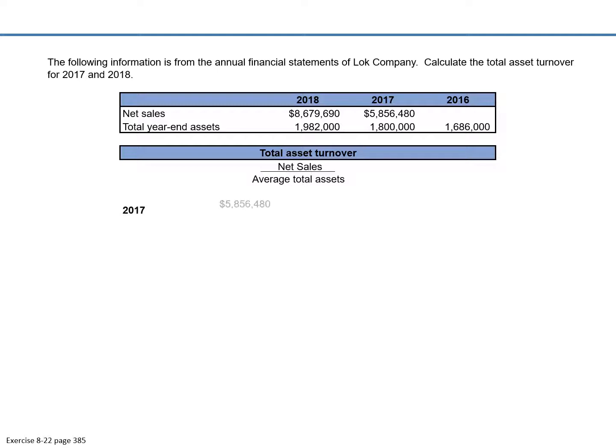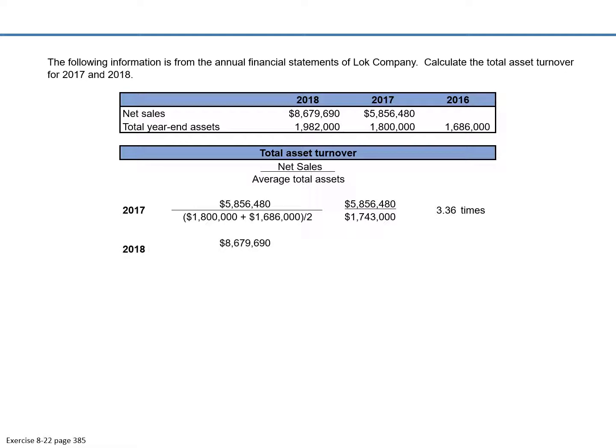So in 2017, you have net sales of 5,856,480 divided by 1.8 million total year-end assets plus the prior year-end, which is also the beginning of the current year, 1.686 million, divided by 2, which is your average total assets. So they have total asset turnover of 3.36 times.